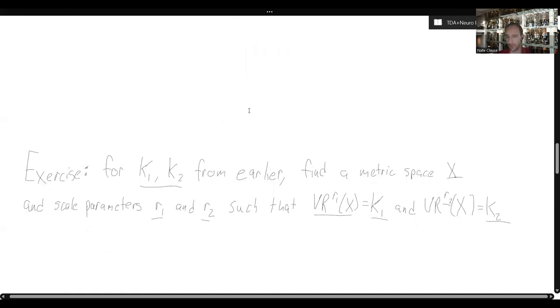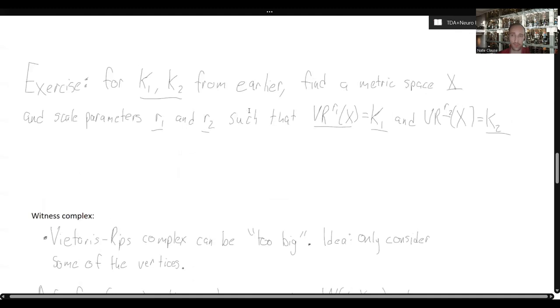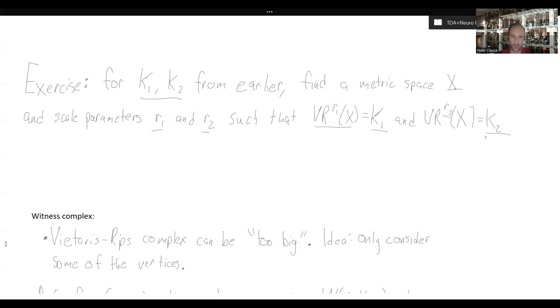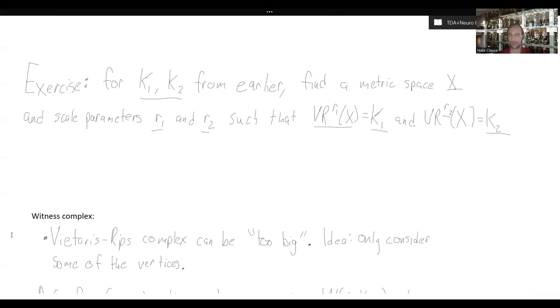Vietoris-Rips complexes are one of the most commonly used, if not the most commonly used, simplicial complexes in practice, but they're certainly not the only one. Another common type of complex is the witness complex. The witness complex helps with one of the main drawbacks of a Vietoris-Rips complex, which is that Vietoris-Rips complexes can quickly become too big.